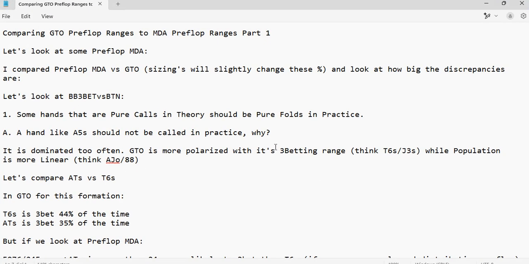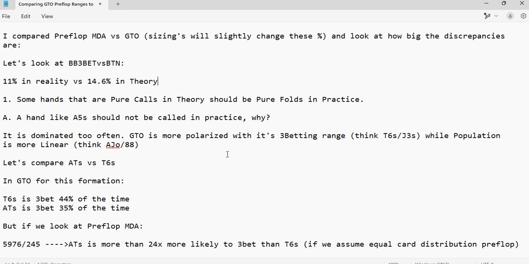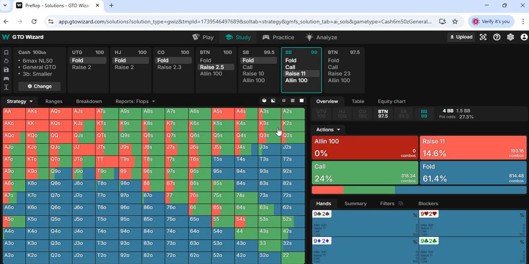We see here that the big blind 3-bet is going to be 11% in reality versus 14.6% in theory. So we want to be over folding. What we realize is when we look at the range composition, let's take a hand like Ace 10 suited and compare it versus 10-6 suited.